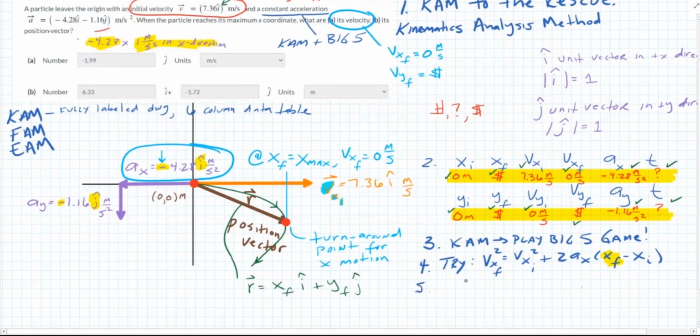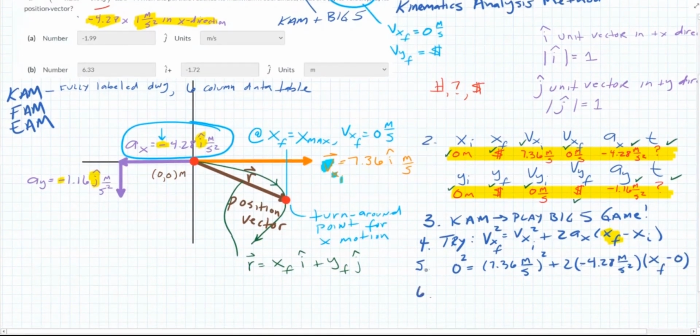So I'm going to try. Let's see. VXF squared, according to my data table, is 0 squared, equals my initial X velocity, 7.36 meters per second, squared, plus 2 times A sub X. According to my data table, A sub X is negative 4.28 meters per second squared, times XF, that's my dollar sign, minus X initial, which is 0.